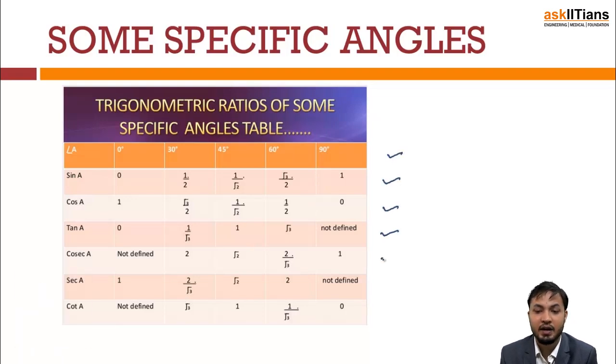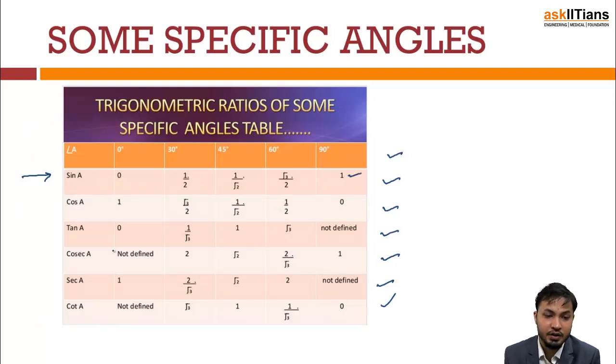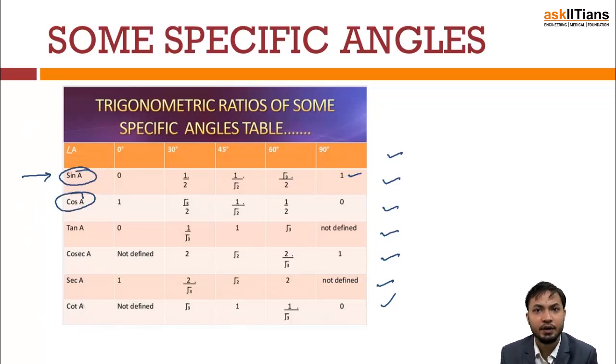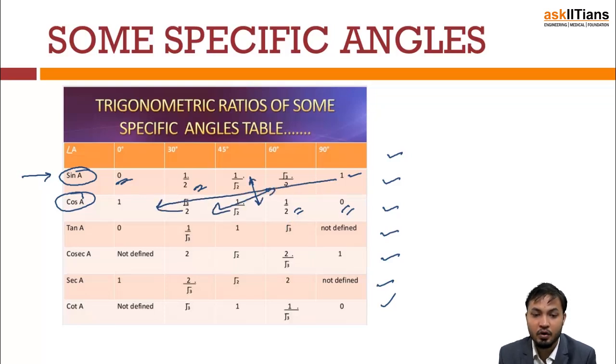You see, we have defined the sine for 0 degree, 30 degree, 60 degree and 90 degree, right? If I know sine and cos, I can basically define everything. But there is an interesting part over here. If you look at the sine and cos, you see the value of sine 0 is equal to the value of cos 90, and the value of sine 30 is equal to cos 60. These two are also equal, and these two are also equal.